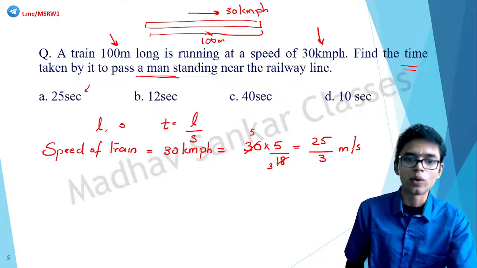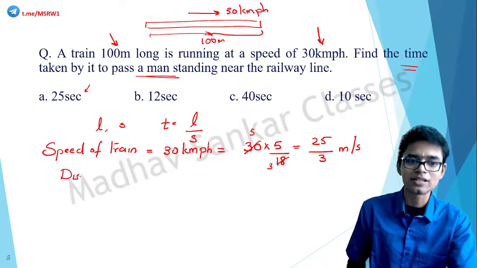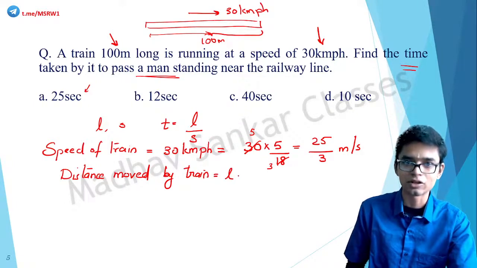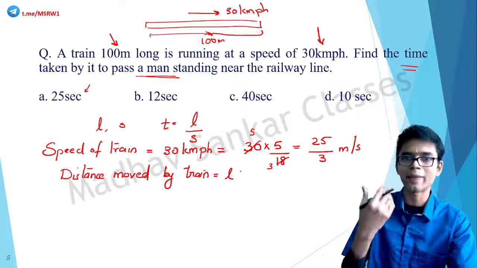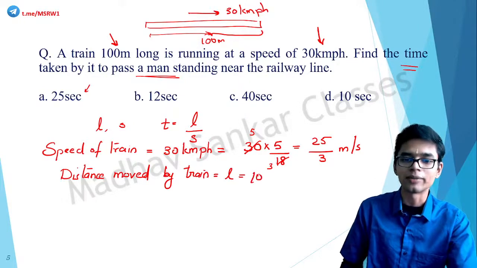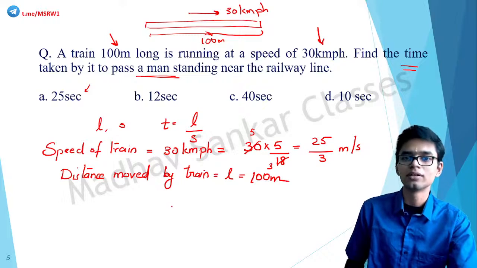Correct? Now, what is the distance? Distance moved by the train is equal to L. Correct? Length of the train, because the length of the man or the pole is insignificant. So L is equal to 100 meters. Correct?